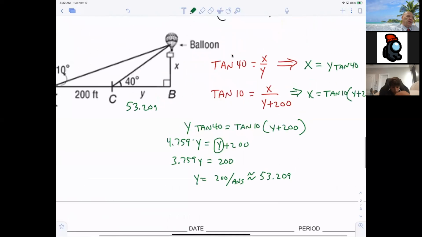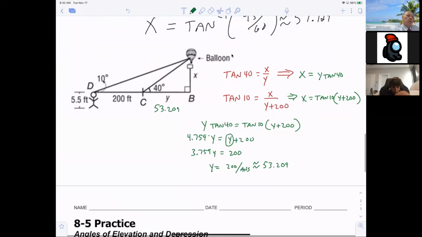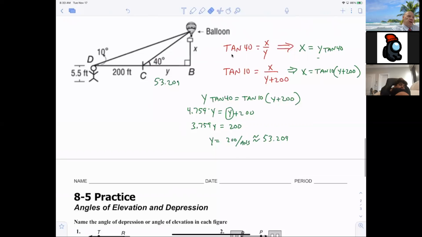I'm still finding x, though. We're supposed to find the height of the balloon. So what does x equal? That answer that's on your calculator, then what? Times tangent 40. So what does x equal now, to 3 decimal places?